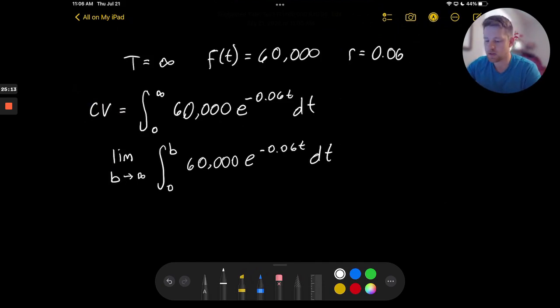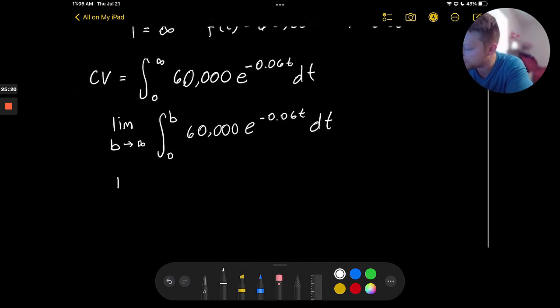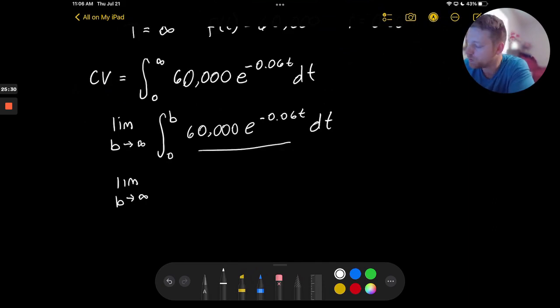So let's go ahead and consider first the integral itself. We'll keep this limit on the end. And we'll consider, how do we take the antiderivative of this function sitting in here? Well, we can rewrite this as just 60,000, that's a constant, and then we have e raised to the negative 0.06 t.